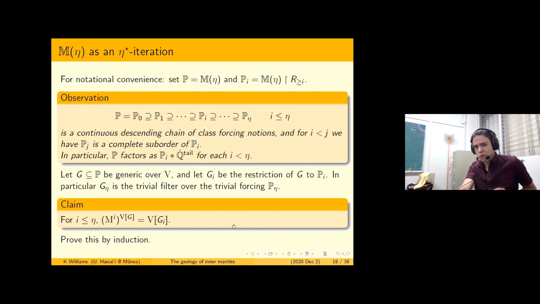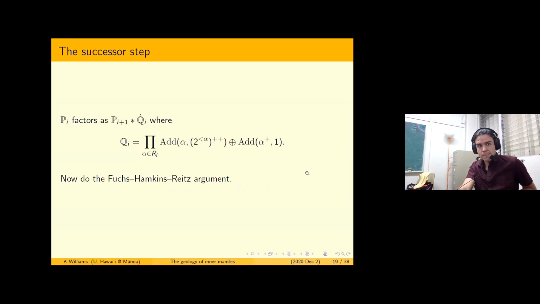The base case, of course, is trivial. And so it's the other cases that need work. The successor step, I think, is hopefully pretty straightforward. So how does PI factor? PI plus 1 is a complete suborder of PI. And how do these differ?